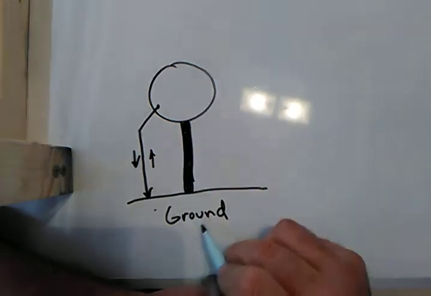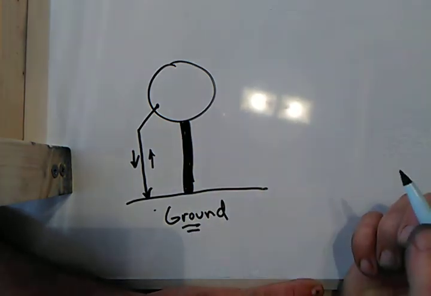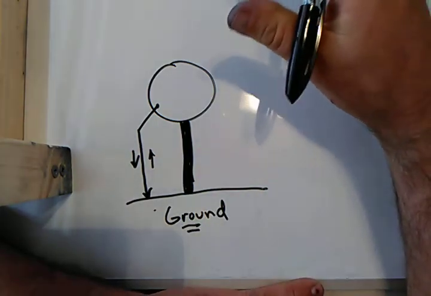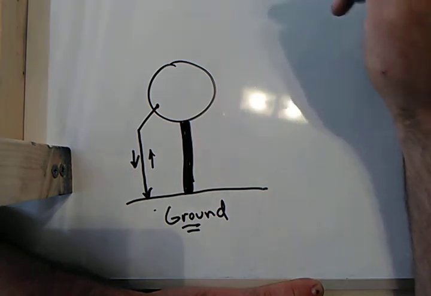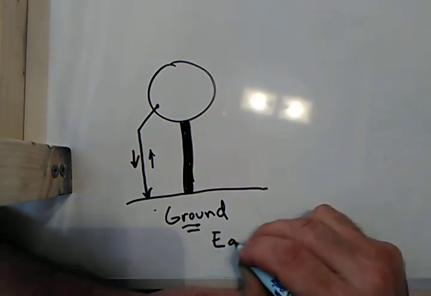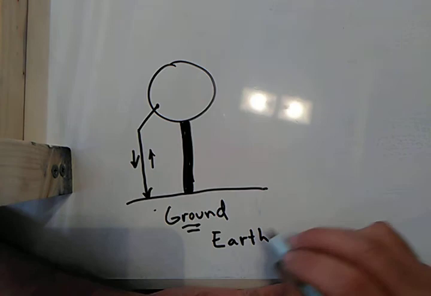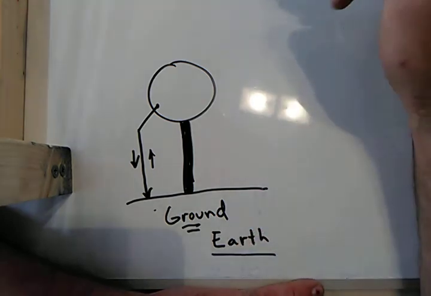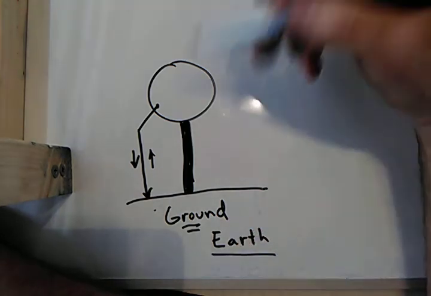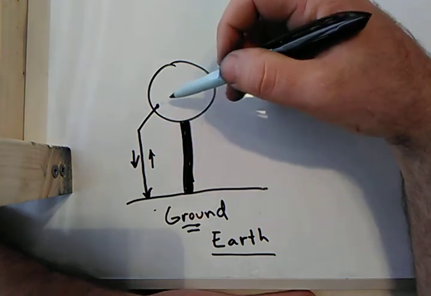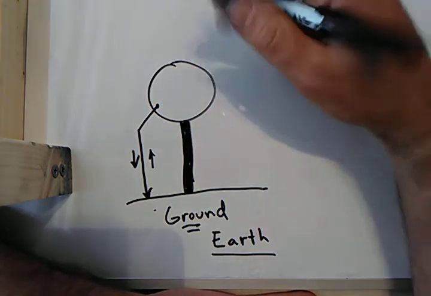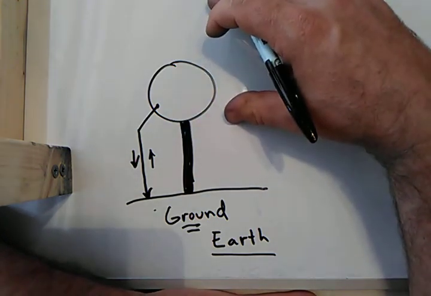So this ground here is a very neutral object because the ground is actually the Earth itself. And as you guys know, the Earth is very big. The Earth is going to let us do something called charging by induction.